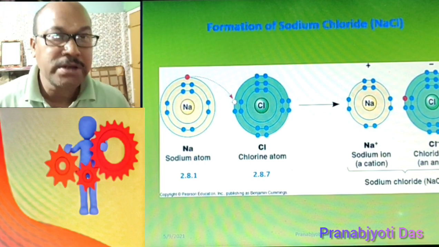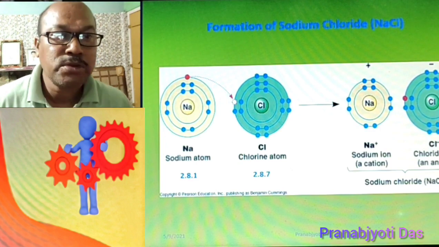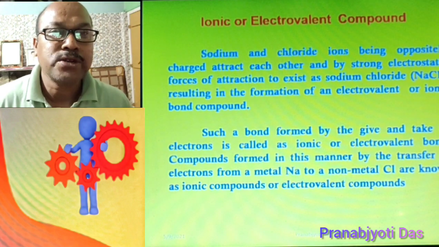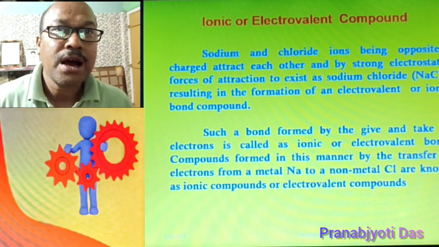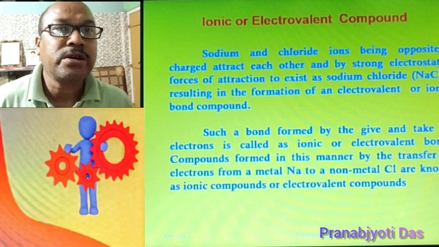Between these two ions, the electrostatic force of attraction keeps them together to form sodium chloride, or common salt. So this type of compound, like sodium chloride, formed as a result of chemical reactions, is called an ionic compound or electrovalent compound. So what is an ionic compound?